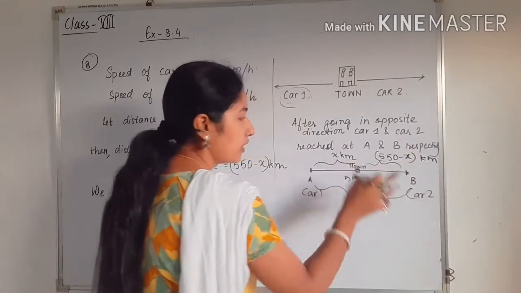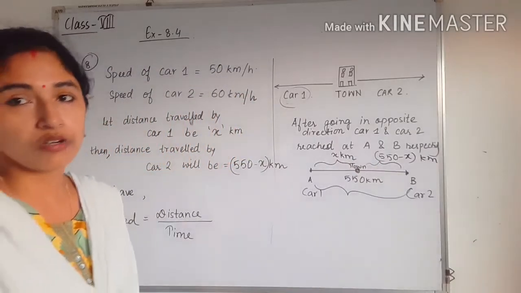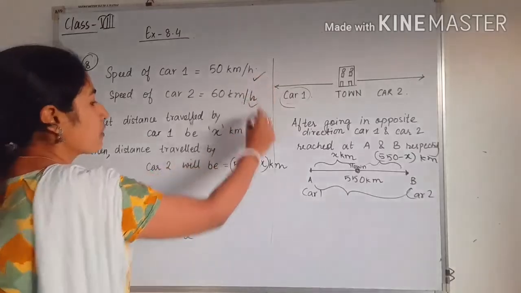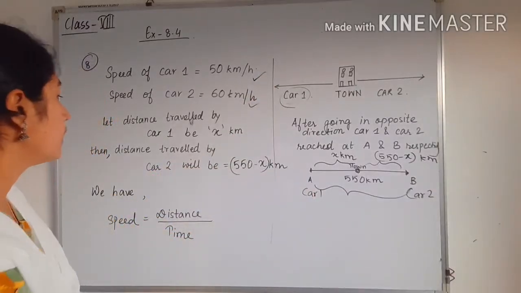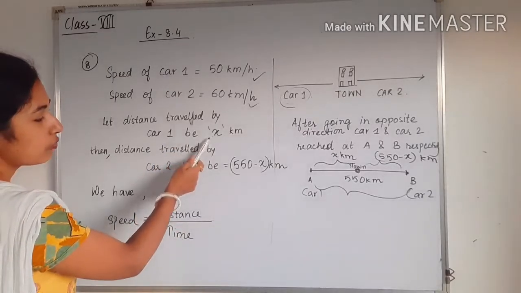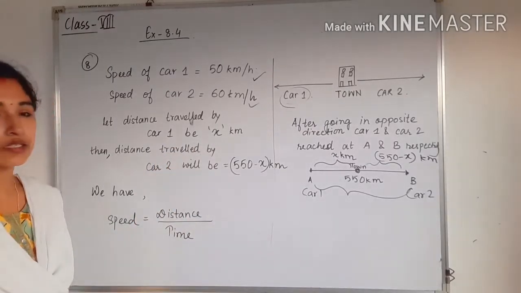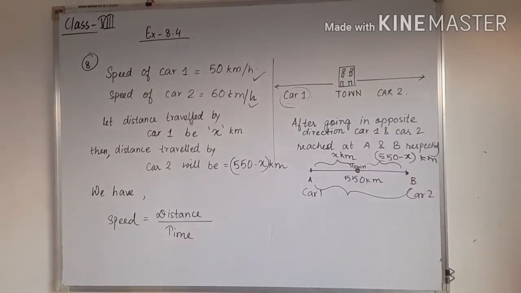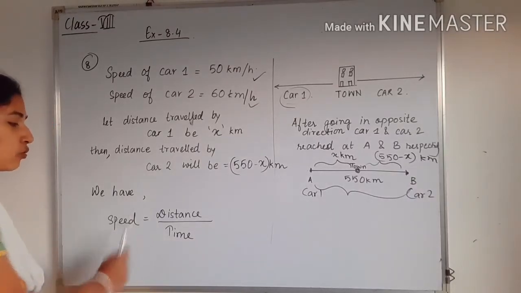Speed is already given for both cars, so here I am taking the distances traveled by car 1 and car 2 as x kilometer and 550 minus x kilometer respectively.